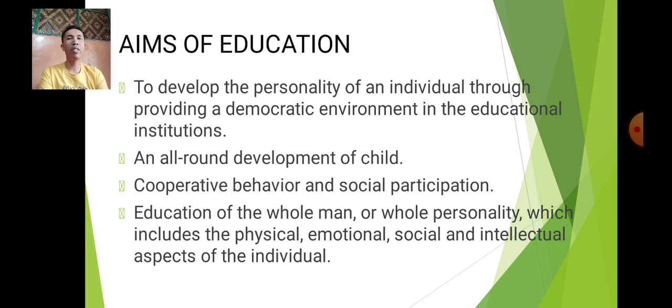So the aim of this progressivism philosophy of education is to develop a child in his whole personality. So not only one aspect but it includes all aspects of his personality.